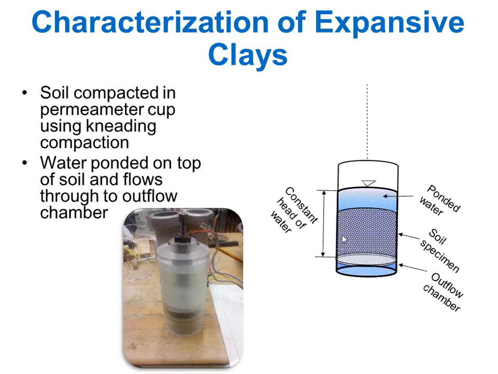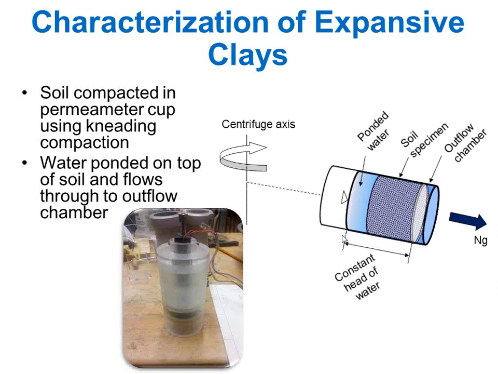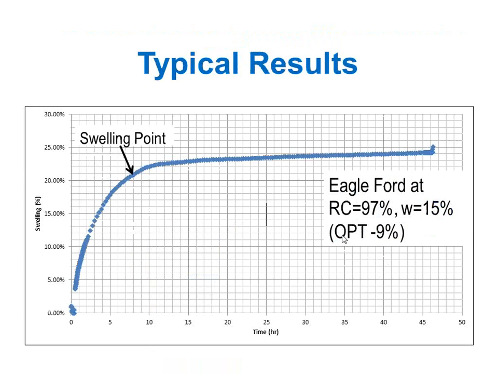Characterizing expansive clays is not easy because it takes a long time. So we are doing it at UT by accelerating the swelling process, accelerating the flow process in expansive clays. If we have a sample and we spin it under 200 Gs, we accelerate the flow process by 200 squared times. This is the swelling curve of a typical sample of the Eagle Ford Formation.